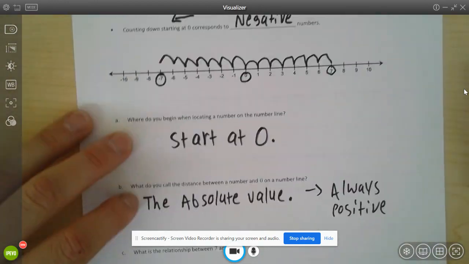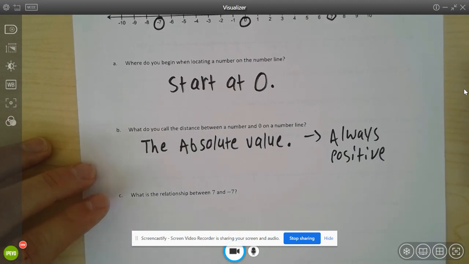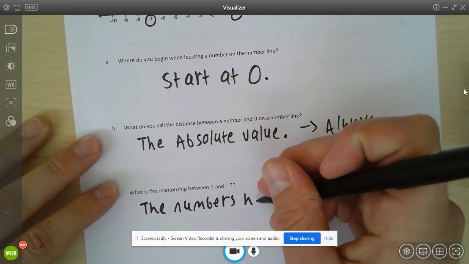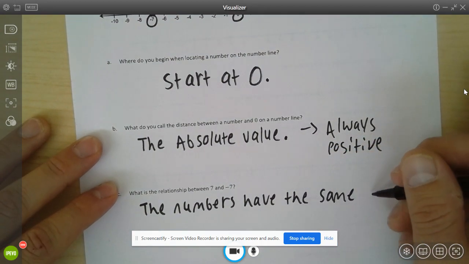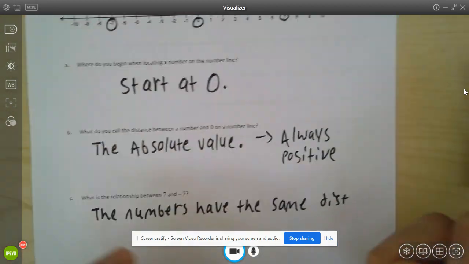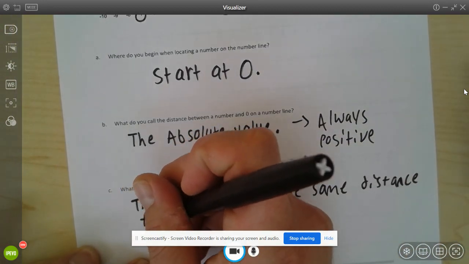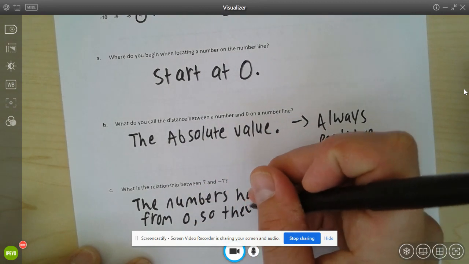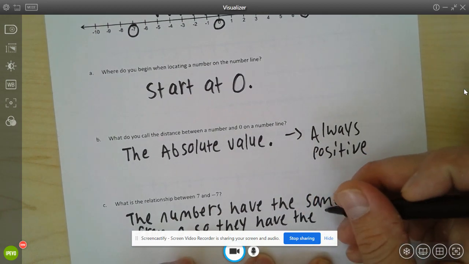So we could say these numbers are the same distance from 0, so they have the same absolute value.